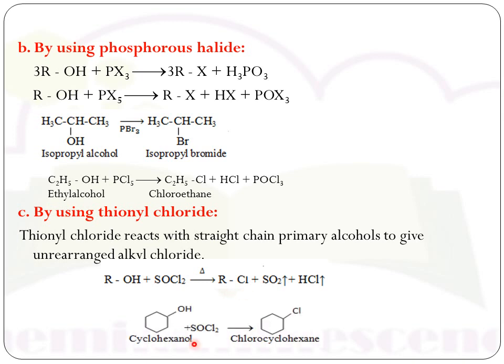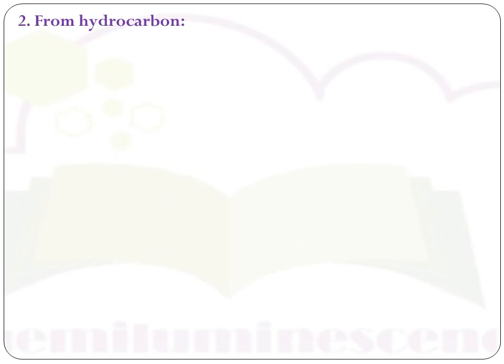This is the example when cyclohexanol reacts with thionyl chloride, the OH group of cyclohexanol gets replaced by chlorine and forms chlorocyclohexane.